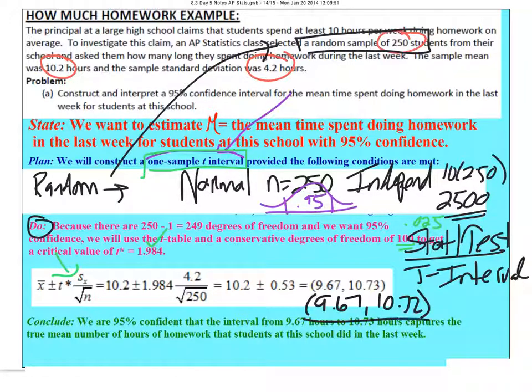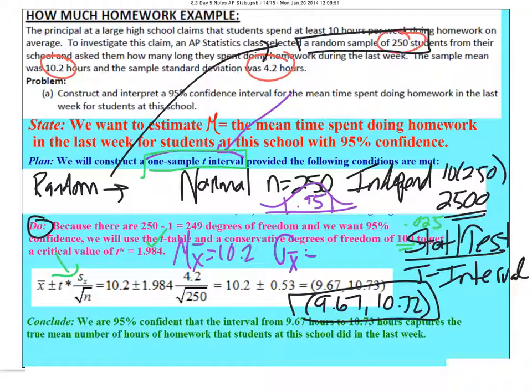Again, I'm using the calculator because it's way easier and less work. If I do that, though, I have to be incredibly careful. Somewhere in here did I state the mean and standard deviation for myself? If I didn't, I'm going to have to list down here that the mu of x is 10.2. And then the standard deviation of my sampling distribution is sigma of x.